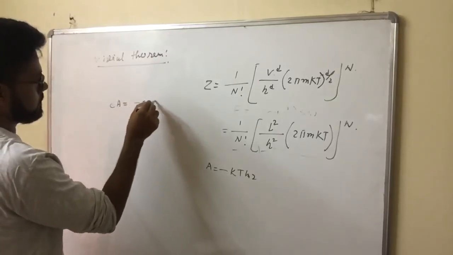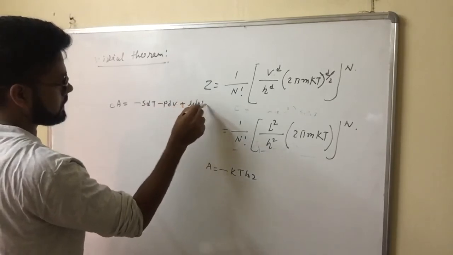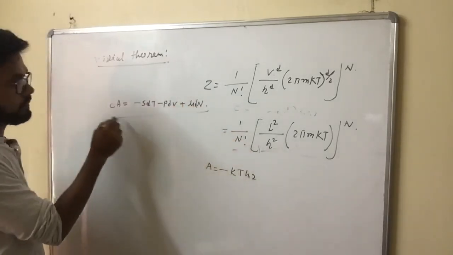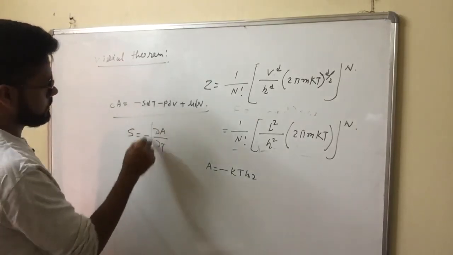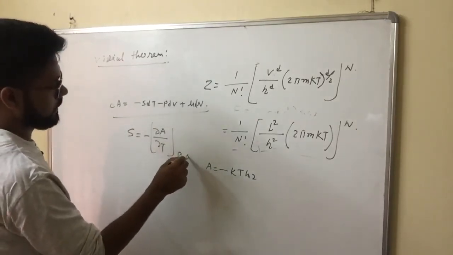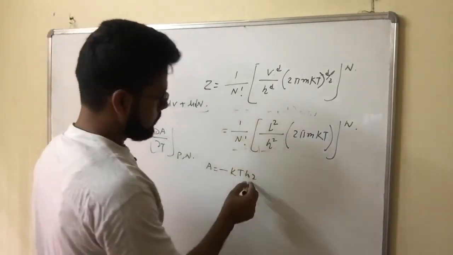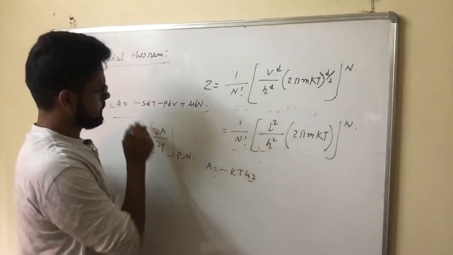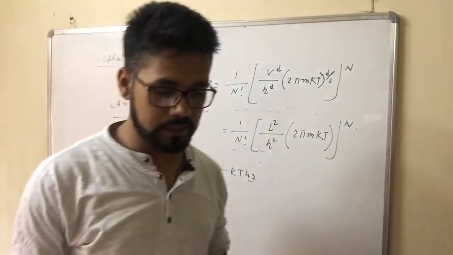Minus S dT minus p dV plus mu dN. This I have already derived. Entropy equal to how much? Minus dA by dT at constant V and N. N is constant, so you put it here, then take the differentiation with respect to temperature. It is a very easy calculation.